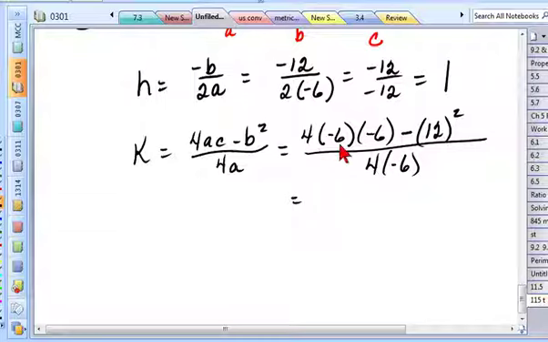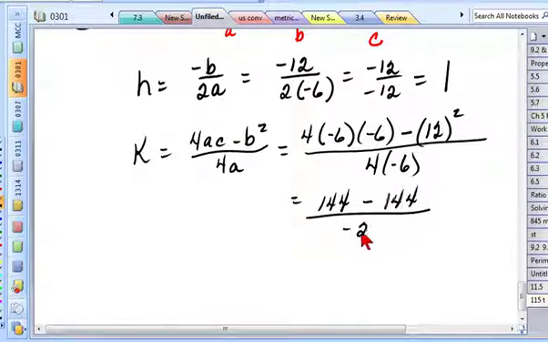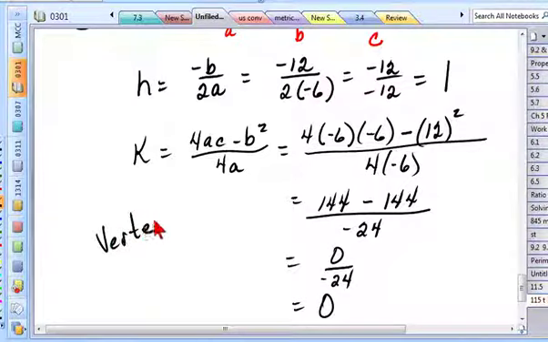All right, 4 times -6 is -24, and -24 times 6, negative times negative is positive 144, minus 12 squared is 144. That's over -24, but that's 0 over -24, which is 0. The coordinates of the vertex are 1, 0.